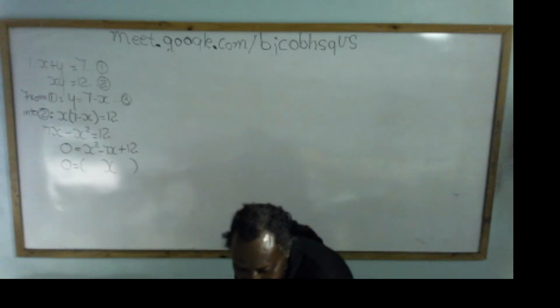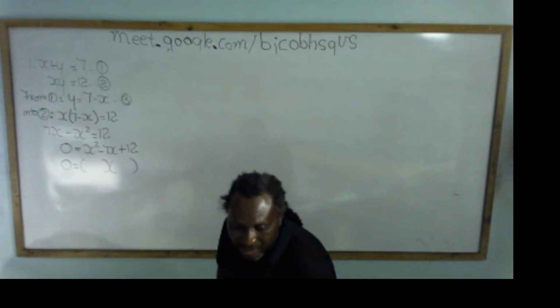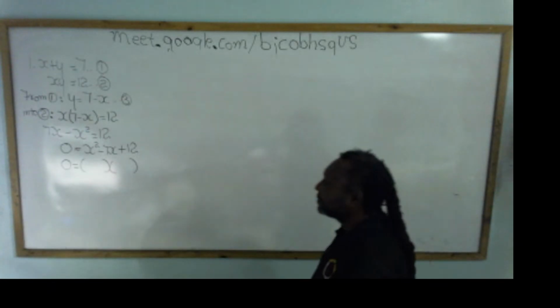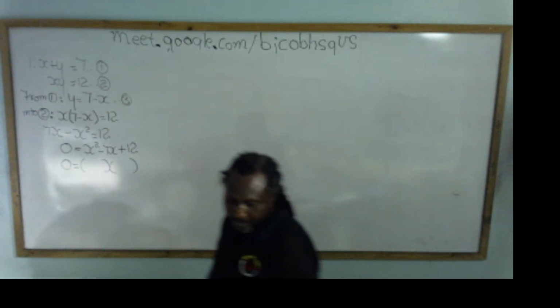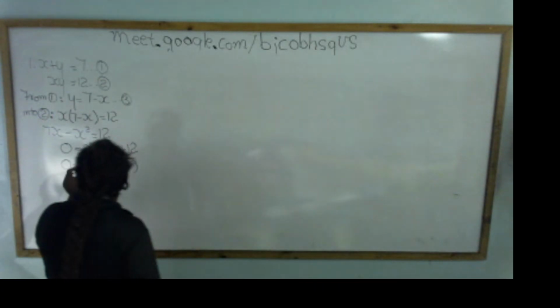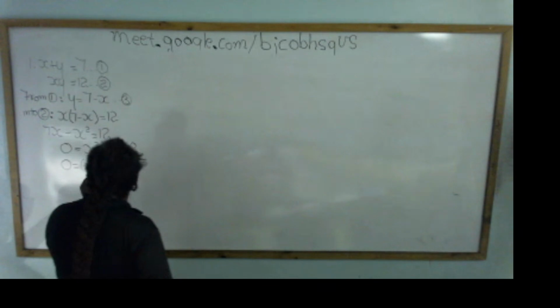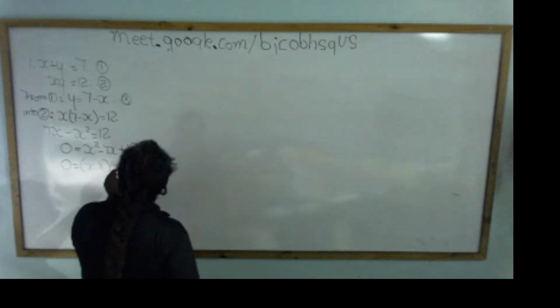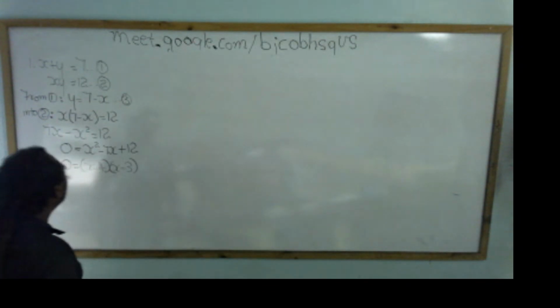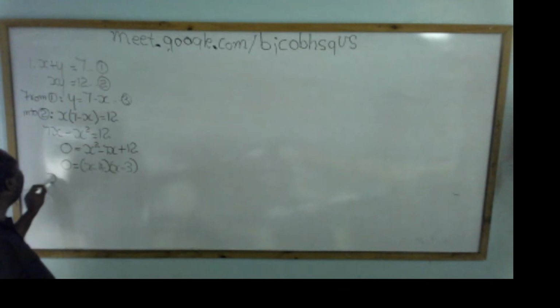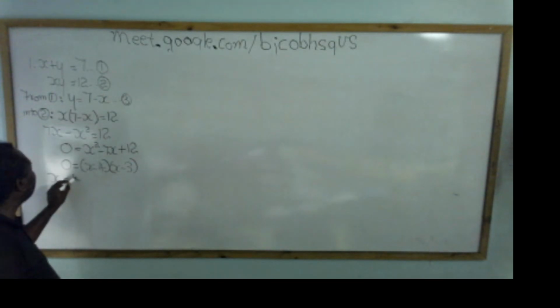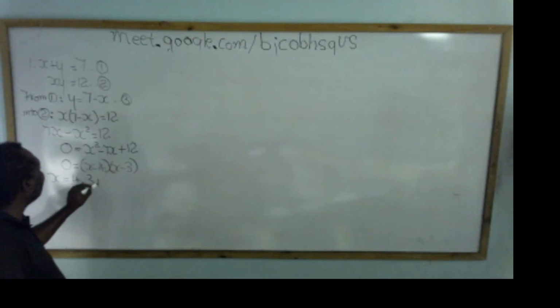Somebody says 4, 3. Anybody with a better answer than just 4, 3? x minus 4, x minus 3. So the values of x will be x is equal to 4 or 3, and we're going to put that into equation 3.